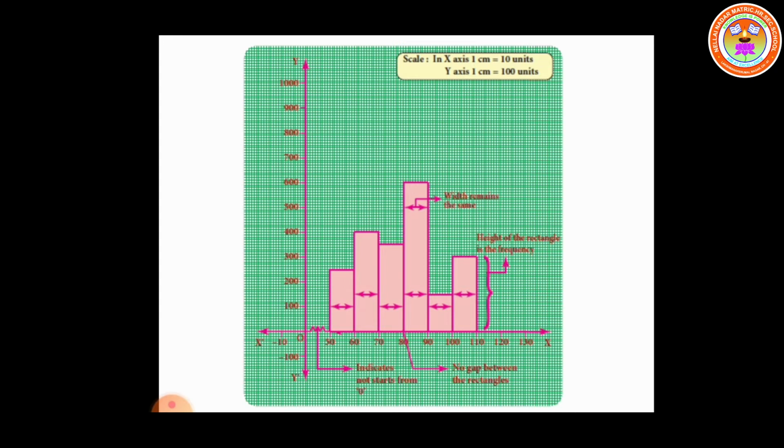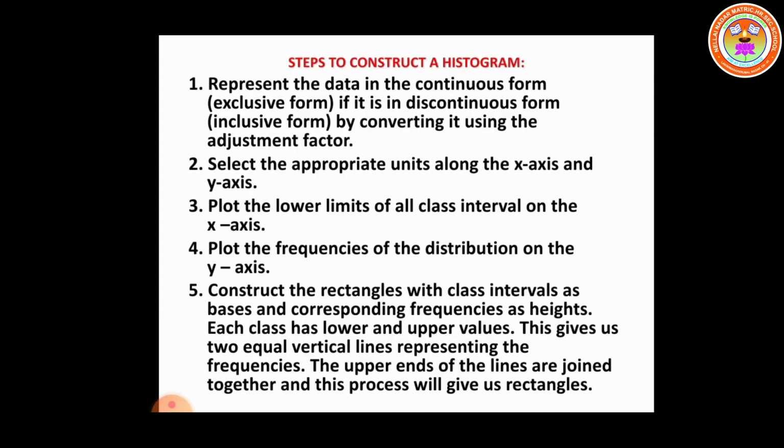Let us see how to draw a histogram in some examples. Before that, we have to see the steps to construct a histogram. First step, represent the data in continuous form. If it is in discontinuous form, convert it using the adjustment factor.